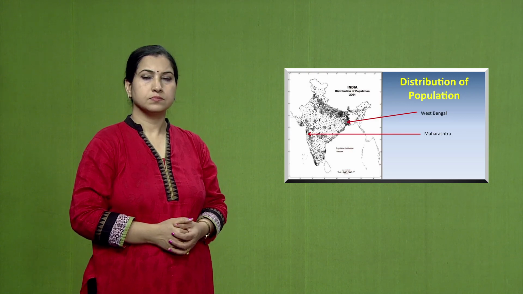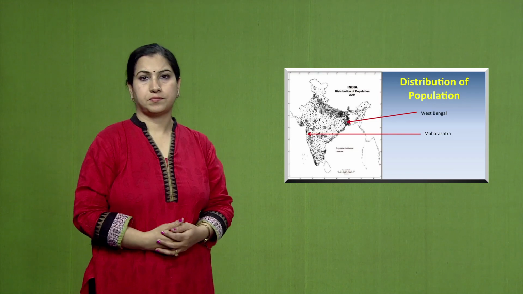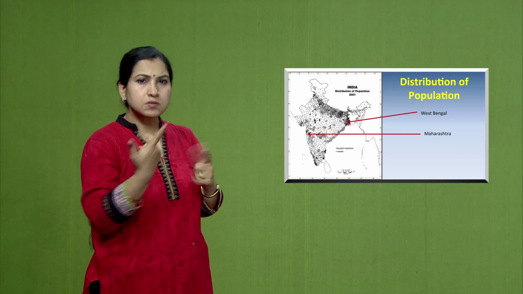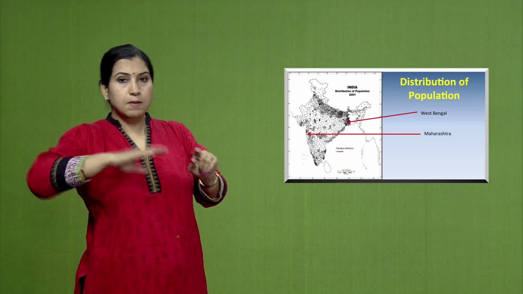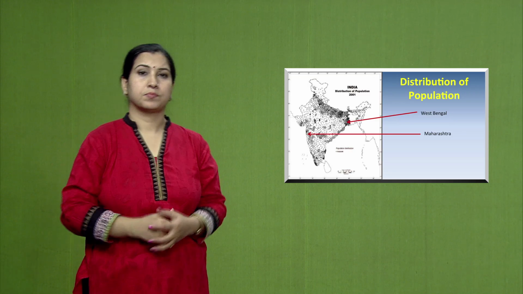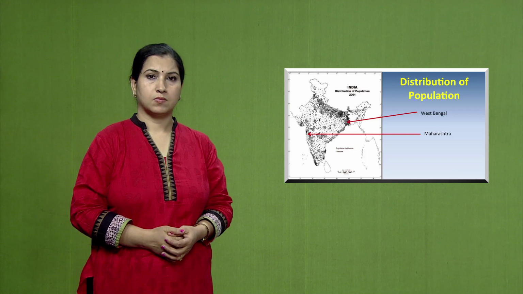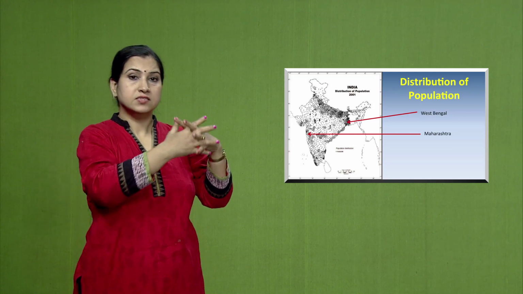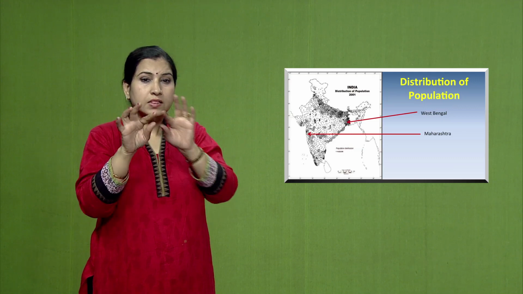The patterns of the spread of population in them are different. From the simple look at the map, it appears that West Bengal has more population than Maharashtra. But it is not true. Maharashtra has more population than West Bengal. But Maharashtra is thinly populated because its land area is larger than that of West Bengal.